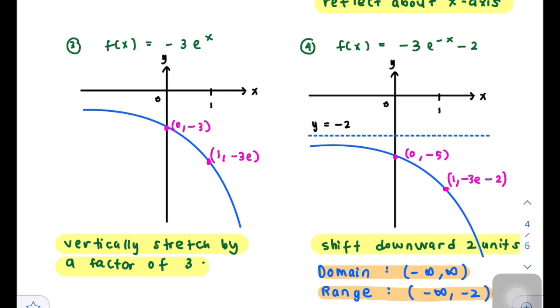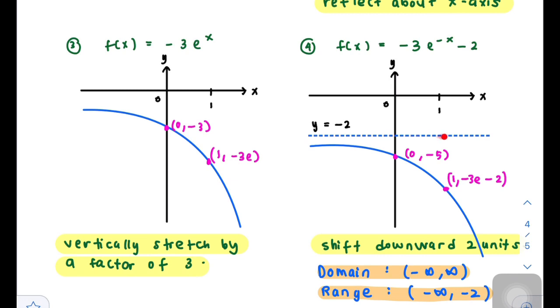And then the last one will be negative 3 e power of x, minus 2. If you have minus 2 here, meaning that your graph will be moving downward 2 units. If your graph is moving vertically, you also have to move the asymptote line. Originally at your x-axis, if you're moving downward 2 units, the new asymptote will be at y equal to negative 2.